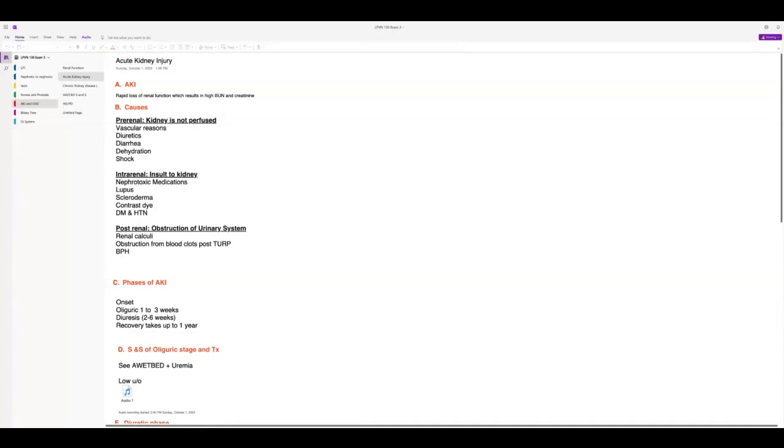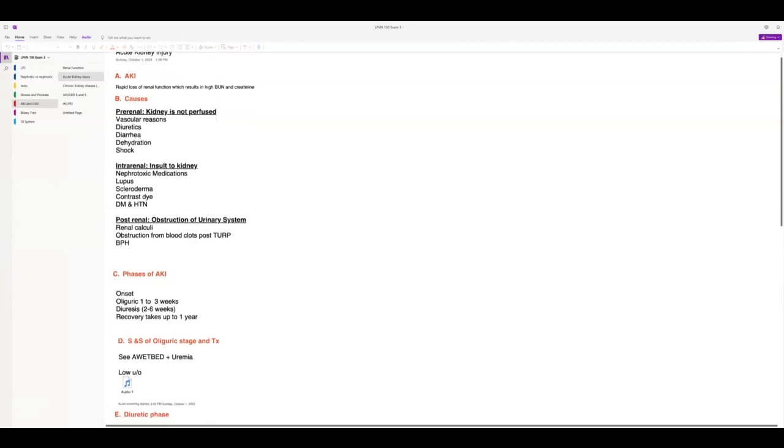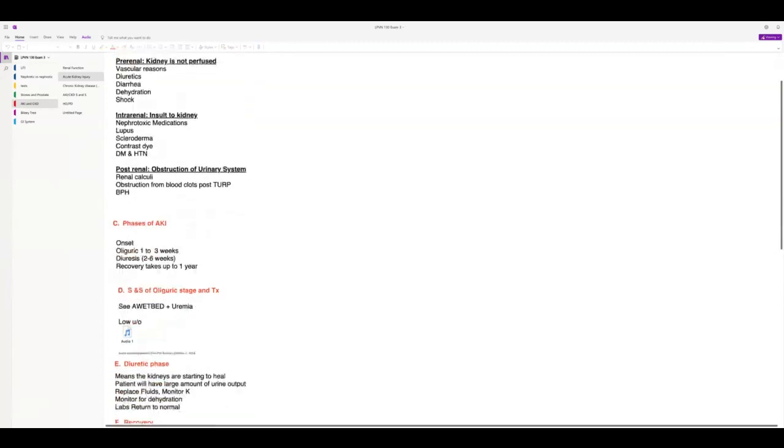Intrarenal is an insult to the kidney: nephrotoxic medications, scleroderma, contrast dye, vancomycin, gentamicin, and NSAIDs can all cause insults to the kidney. And post-renal is renal calculi and BPH.